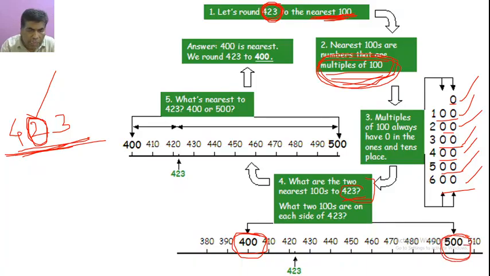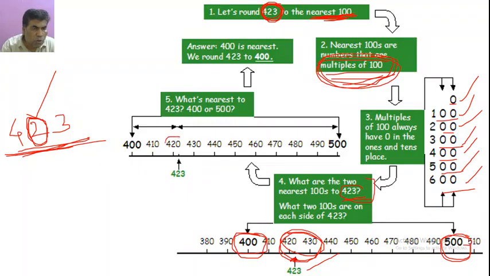Where is 423? Between 420 and 430. Here 423 will be there. Means between 400 and 500. So approximately what is the distance?